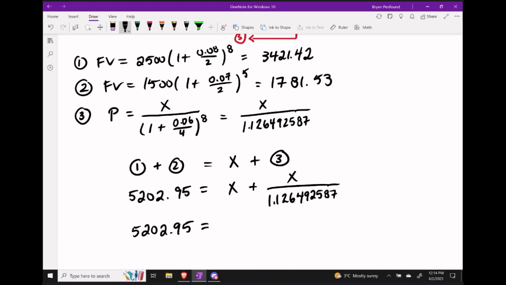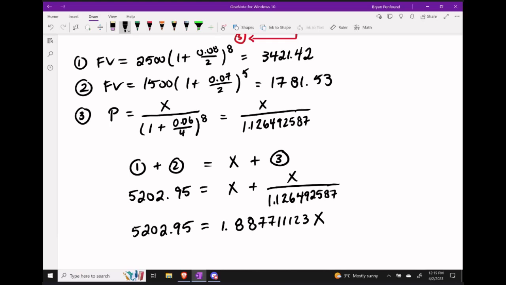I've just inputted our principal amount here that we calculated in part 3. To simplify the right, I'm going to take the coefficient in front of our first x, which is the number 1, and I'm going to add to that 1 divided by that decimal number of about 1.12. And if we do that correctly, we should get a decimal number of about 1.88.